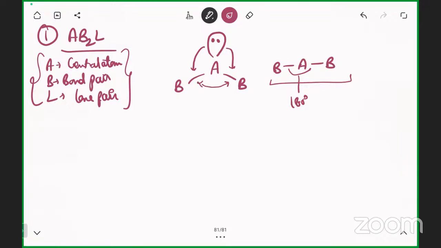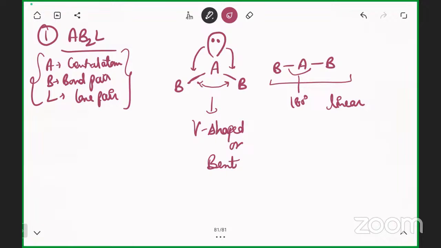So this is called distortion in the geometry of the molecule. Earlier it was linear, but due to the presence of this lone pair, there is a change in shape, and now the shape is known as V shape or bent shape.